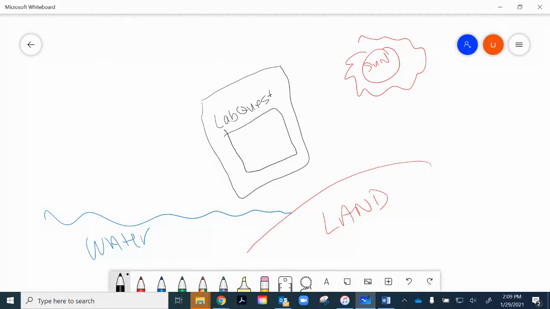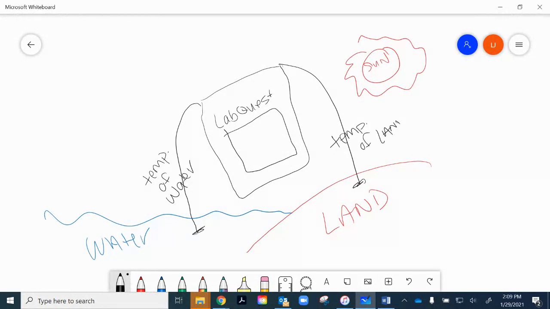There's two probes, one here and one here. This one is going to take the temperature of water, and this one's going to take the temperature of land. Now, we're going to run this for a while.